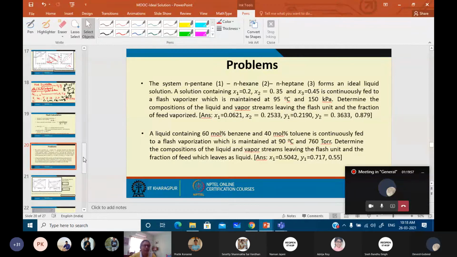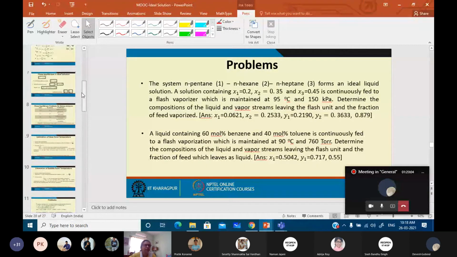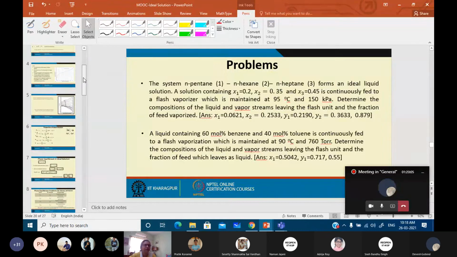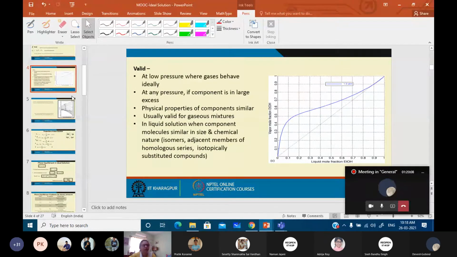I told you the conditions where they will be ideal, like high pressure, isn't it? Let me see if I have the slide. Always, gaseous mixtures are ideal. For liquid mixtures, remember one thing, it will always be ideal if the chemical and physical properties of the components are similar to one another.